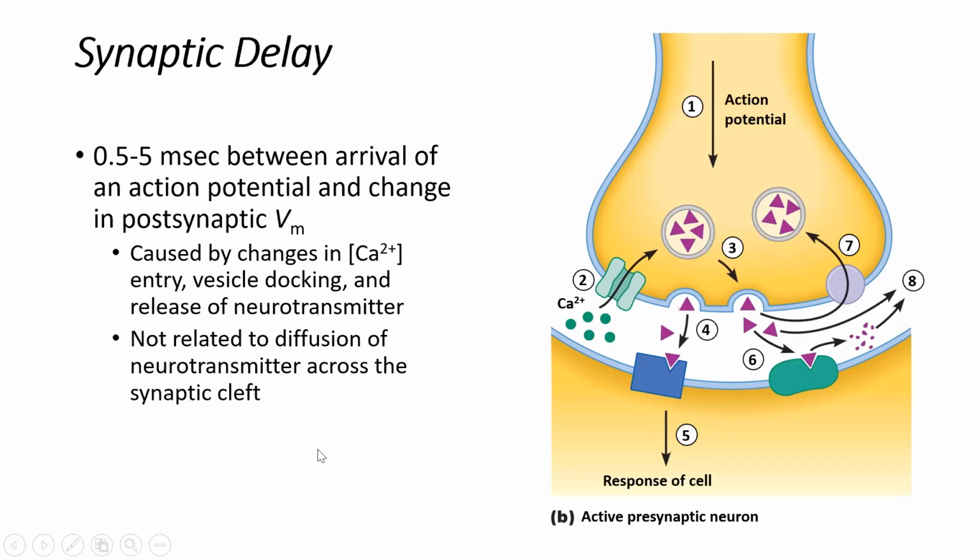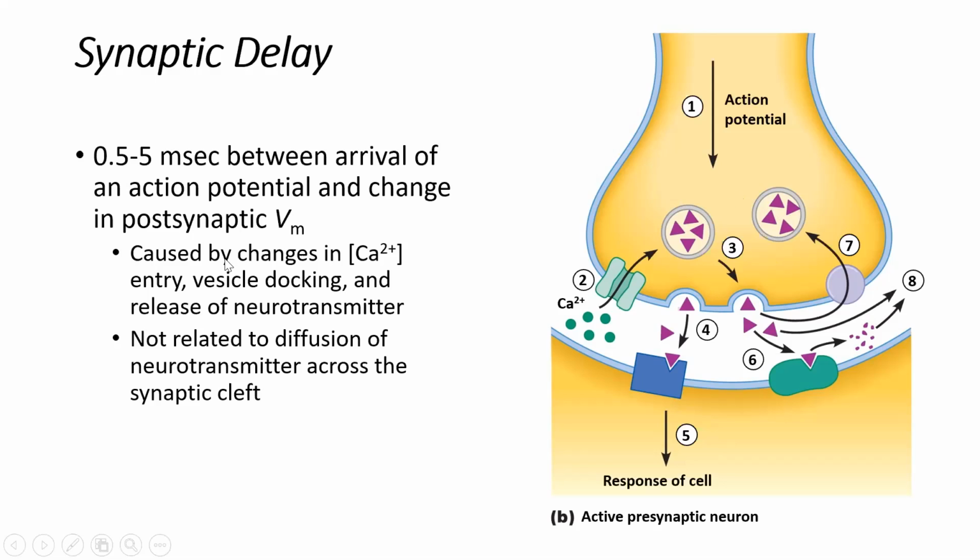Now, there's a slight delay here. This is not an immediate response. There's a 0.5 to 5 millisecond delay between when the action potential gets to the presynaptic terminal and when we actually see some change in the membrane potential on the other side, okay?